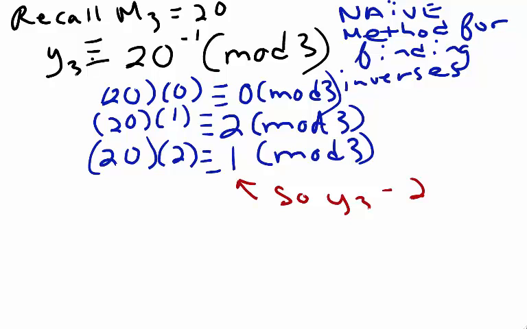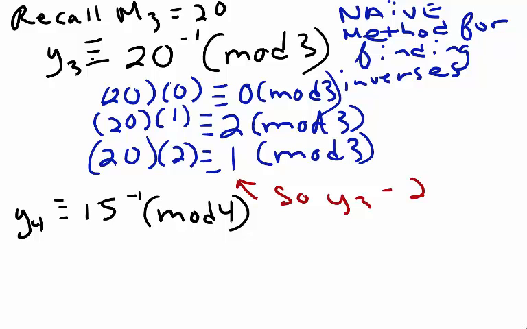Next, we wish to determine y sub 4, congruent to the modular inverse of 15 mod 4. We're going to use the same process, only this time possible remainders are 0 through 3, since we're working in mod 4. I begin the same way as I did for the last problem, using the naive method. So first I take 15 times 0, and I find that that is congruent to 0 mod 4.